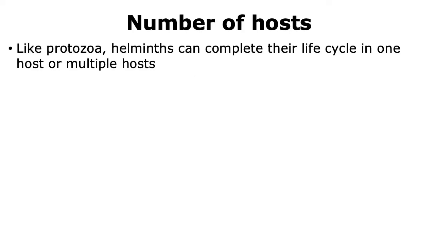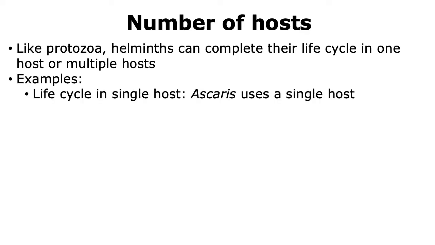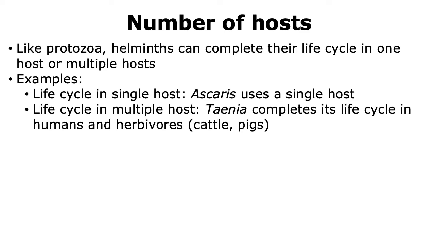Helminths that are known to cause infections can complete their life cycle in either one host or in multiple hosts, depending on the type of helminth. Some helminths, like Ascaris, will utilize a single host to complete their life cycle, while other helminths, like Taenia, use multiple hosts.